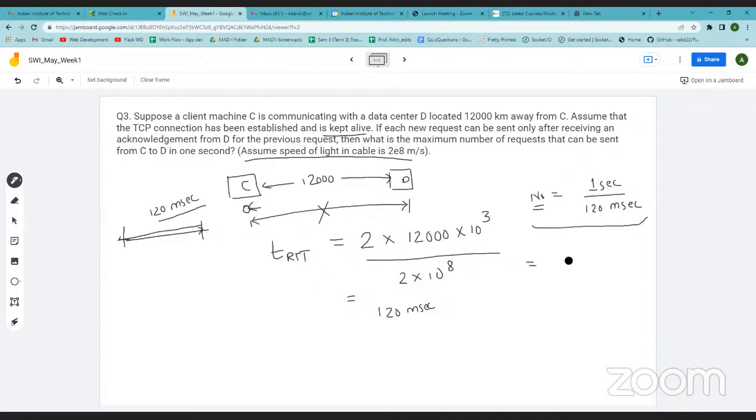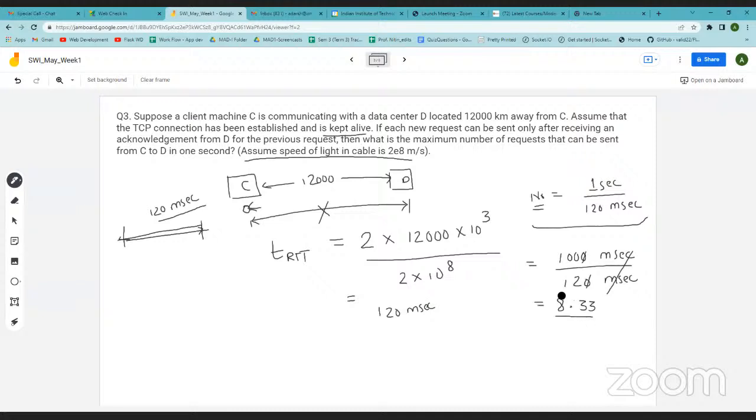So we have 1000 milliseconds, I'm just making the unit the same. 1000 millisecond divided by 120 millisecond, the milliseconds cancel, giving 100 by 12. It's 8.33. So these many requests can be sent.